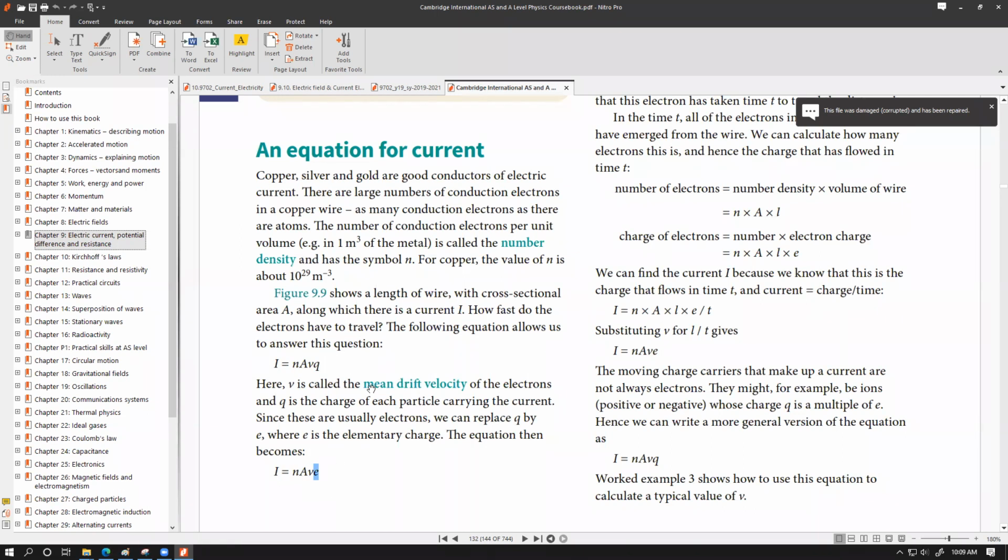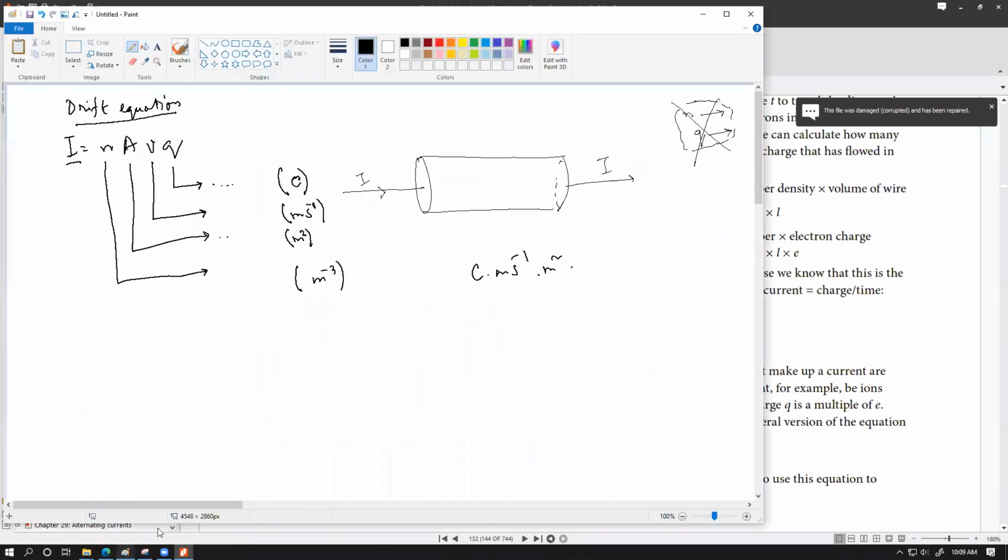The reason we call this term mean drift velocity is this. You have to understand one thing. The way a metallic bond works is that if you have a piece of metal, you have a lot of delocalized electrons, and they practically come up to the surface, and underneath this thin layer of electrons, the layer is thin because electrons are very small, there are the same number of protons.